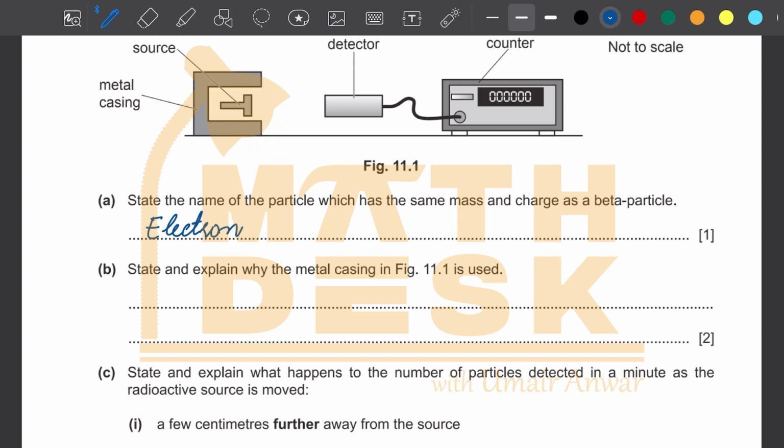State and explain why metal casing in 11.1 is used.